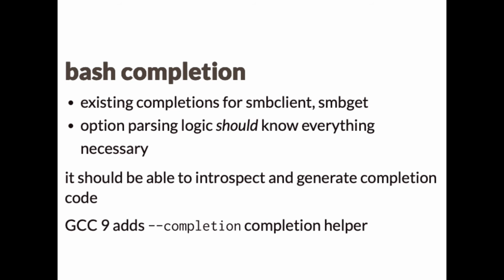And actually in the upstream bash completion, there is a magic file for SMB client, SMB get, to make them work. So we probably should make ones because their ones will be out of date. I don't know if those things change, but GCC 9 has actually added a command, the --completion option, that's used via bash completion and things to give contextual information.